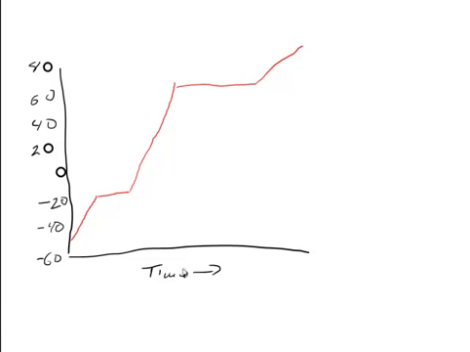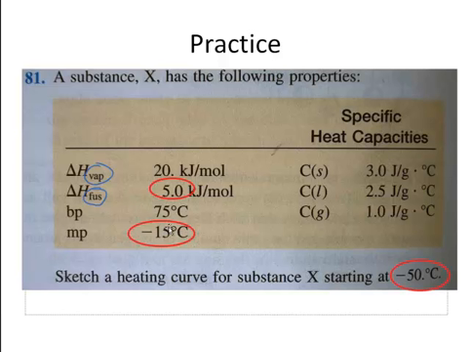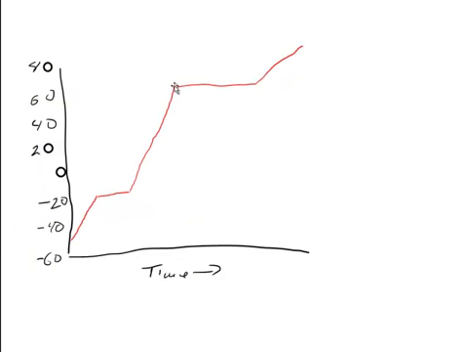And remember, we're adding heat constantly here. And then I'm going up to, for the next thing, the boiling point is at 75, and that takes 20, so I'm going to make that a little bit longer. So I went on up and then went straight ahead, and then last but not least we went up there.